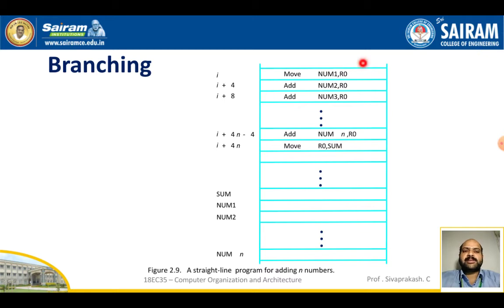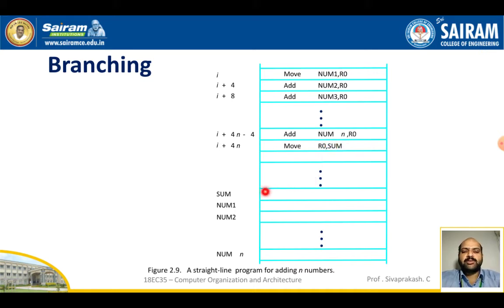First Move num1, R0, then Add num2, R0, Add num3, R0, Add num4, R0, and so on up to num_n, R0. After all the numbers have been added, the result is stored in the location sum.